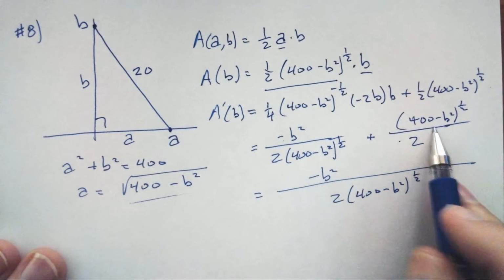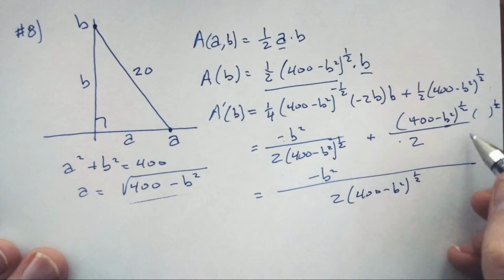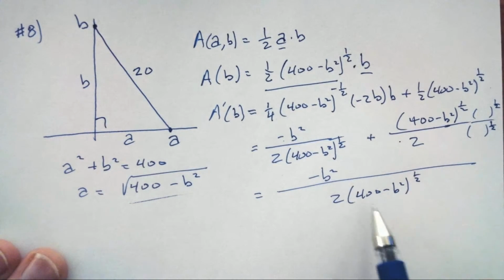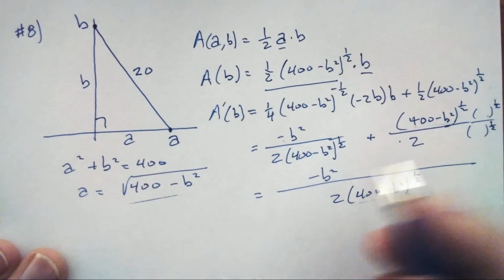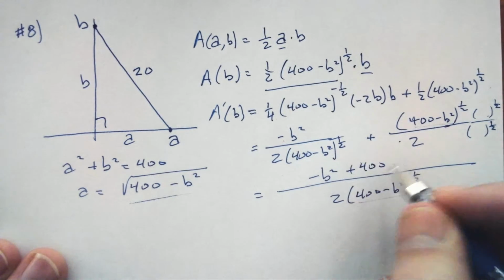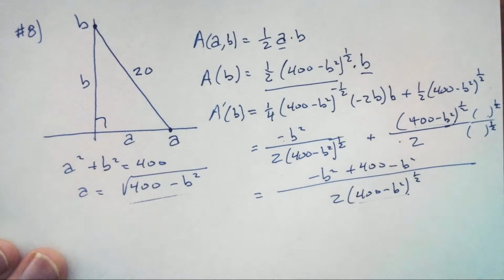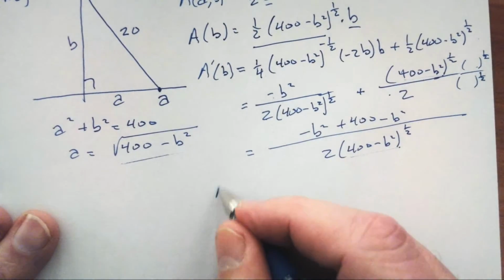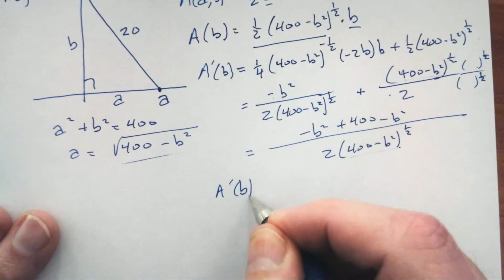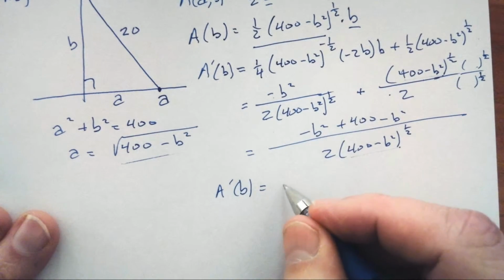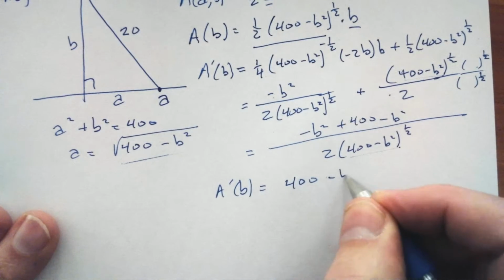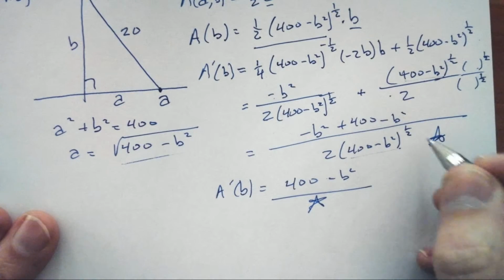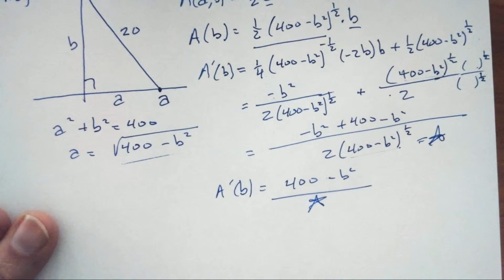More good news, when I take this to get common denominators times this factor, that's the same as this, so I just get plus 400 minus another b squared, all on our least common denominator. So A prime of b, the big payoff, I get 400 minus 2b squared, all on, I'm going to call it star.